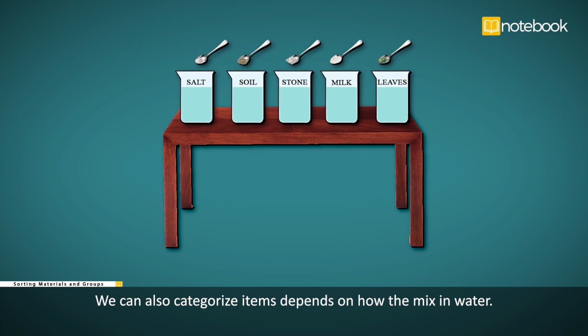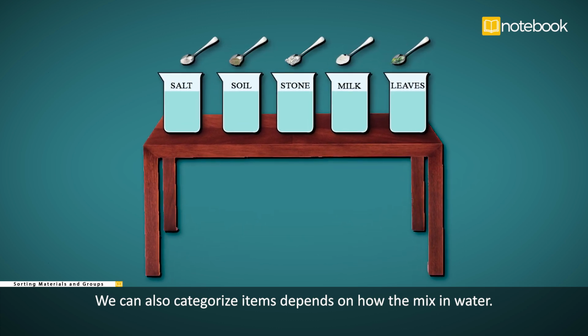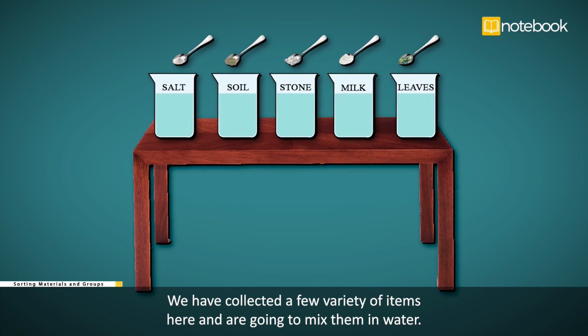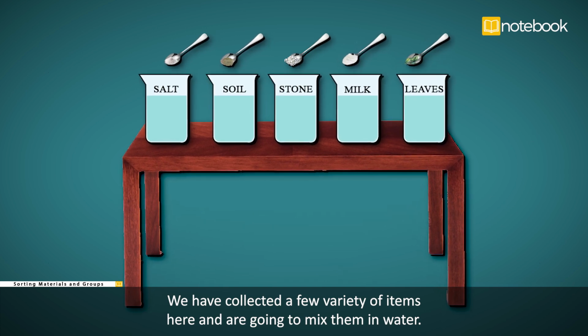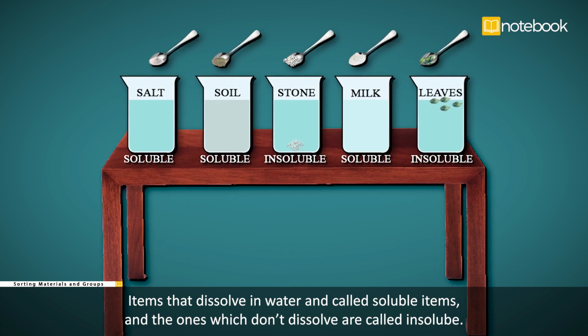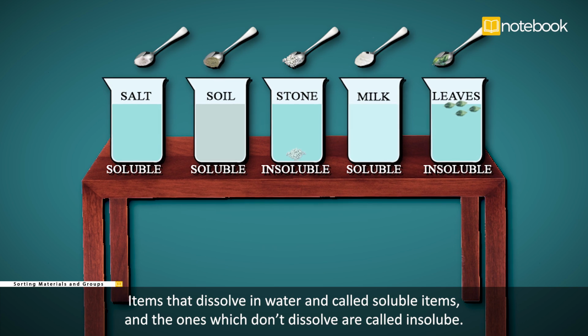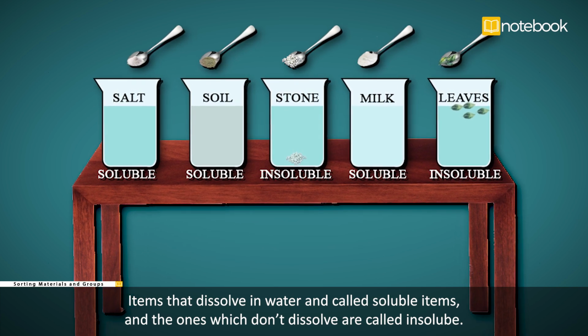We can also categorize items depending on how they mix in water. We have collected a few variety of items here and are going to mix them in water. Items that dissolve in water are called soluble items, and the ones which don't dissolve are called insoluble.